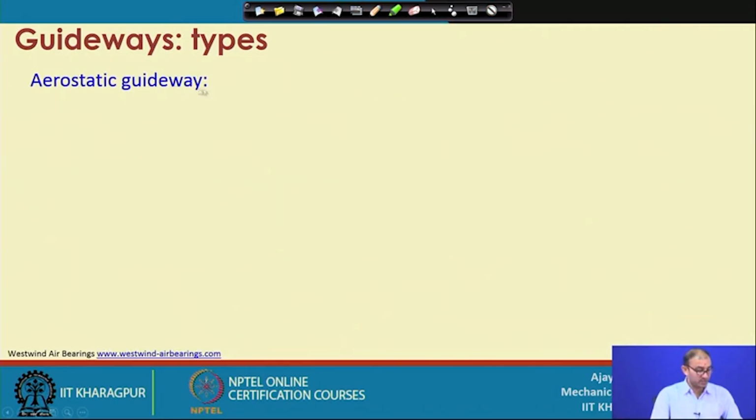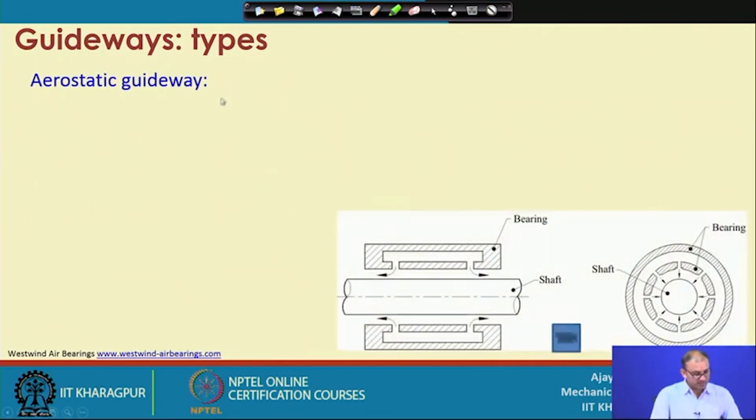Right. Now, coming to the aerostatic guideway. What is the aerostatic guideway? The only difference between the hydrostatic guideway and the aerostatic guideway is that you are using air in place of liquid. So, this is the same thing. Consider this is the shaft, this is the bearing, and this is the same base. Here you are putting air.